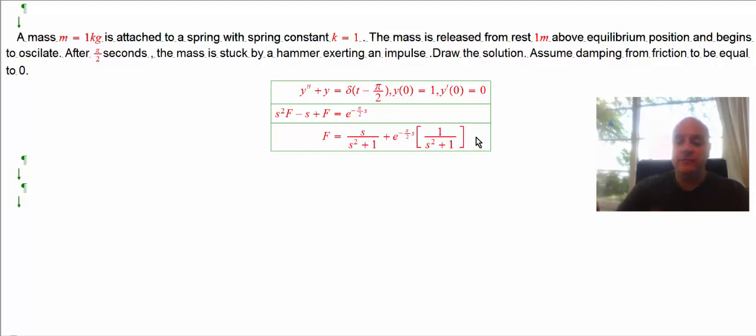So we solved for f. Now we can unLaplace both sides. S over s squared plus 1 is just straight cosine t, plus our e to the minus pi over 2s. That's going to unLaplace to be the Heaviside step function turned on at pi over 2 seconds.